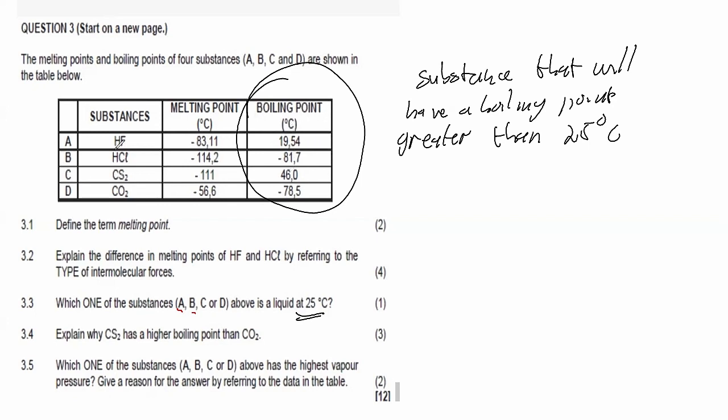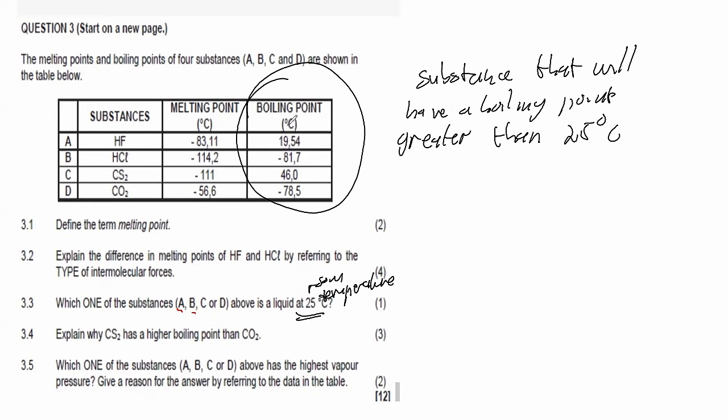So HF, it's reaching its boiling point at 19.54 degrees, meaning by the time the temperature reaches 25 degrees, which is, by the way, what we call the room temperature. So sometimes they might say room temperature instead of 25 degrees Celsius. So you have to put it in the back of your mind that room temperature is equivalent to 25 degrees Celsius. So, okay, now let's say they say 19.54 degrees.